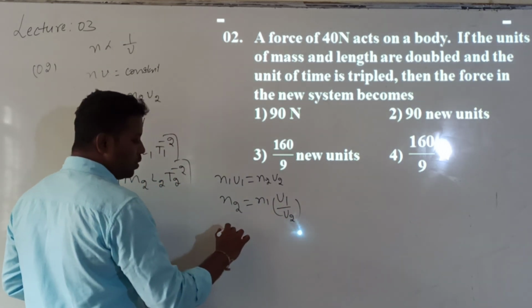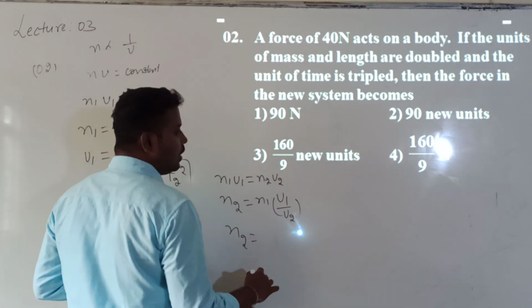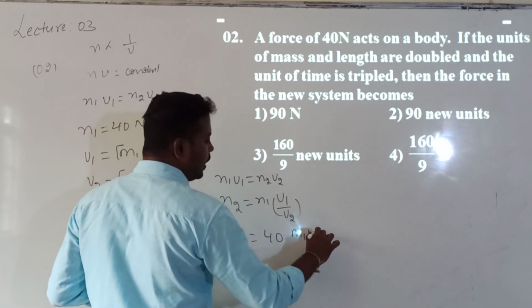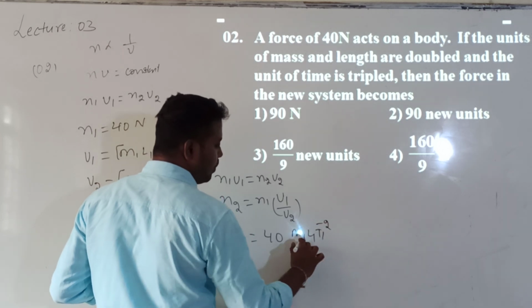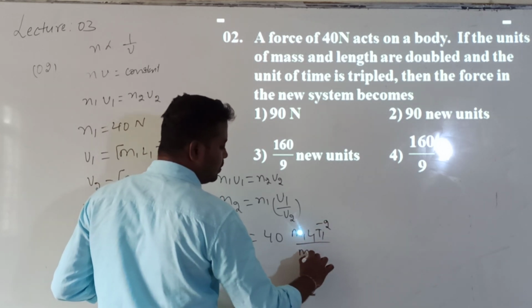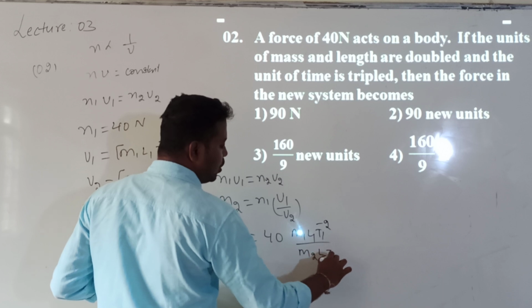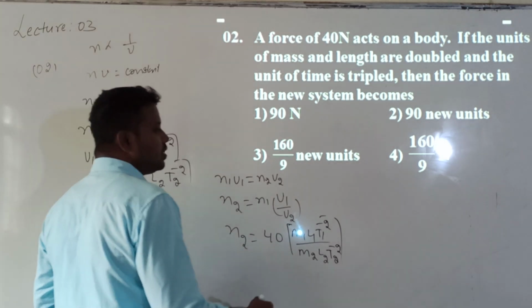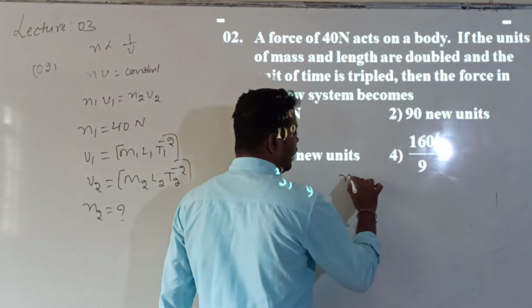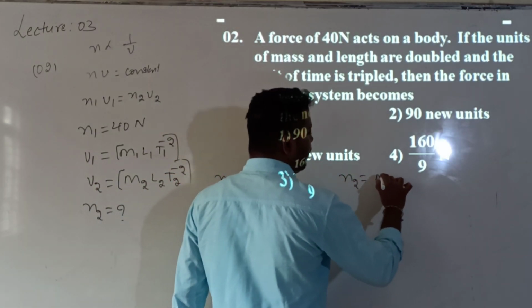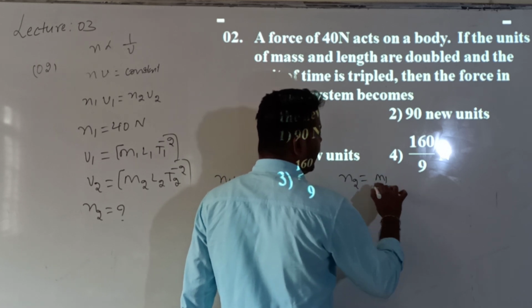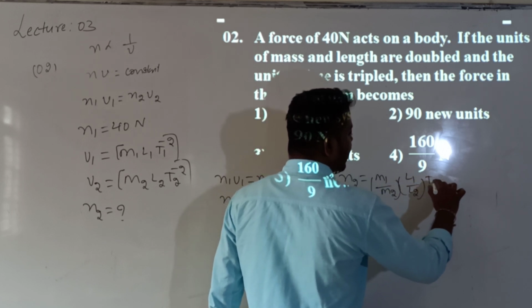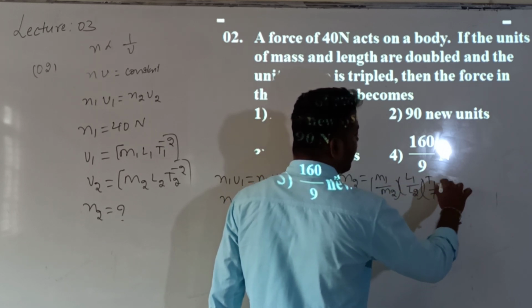So n2 is equal to 40 into M1 L1 T1 power minus 2 by M2 L2 T2 power minus 2, which can also be written as n2 equals 40 into M1 by M2 into L1 by L2 into T1 by T2 whole power minus 2.